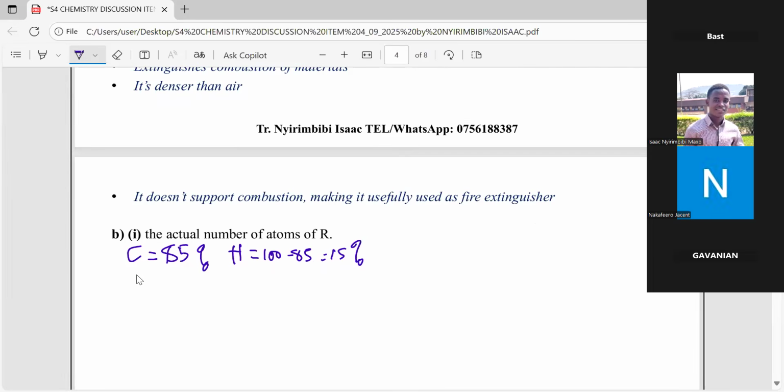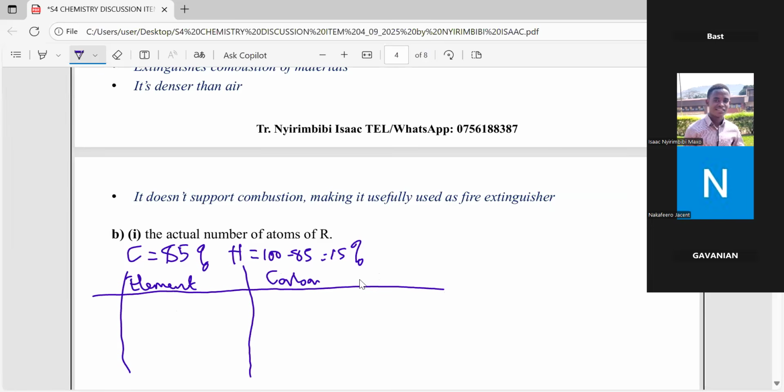Okay, what next now? Faster. Now we shall draw a small table indicating the element present, whereby we have carbon and hydrogen.